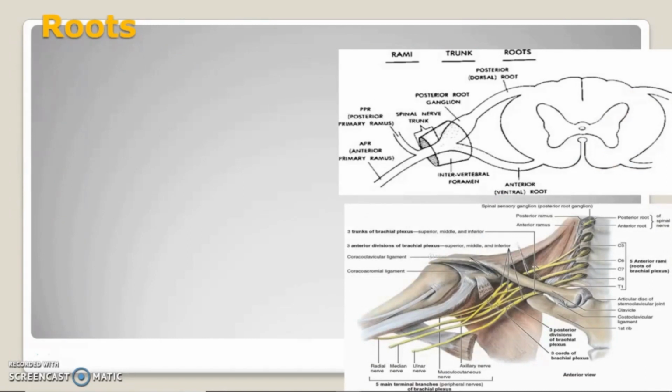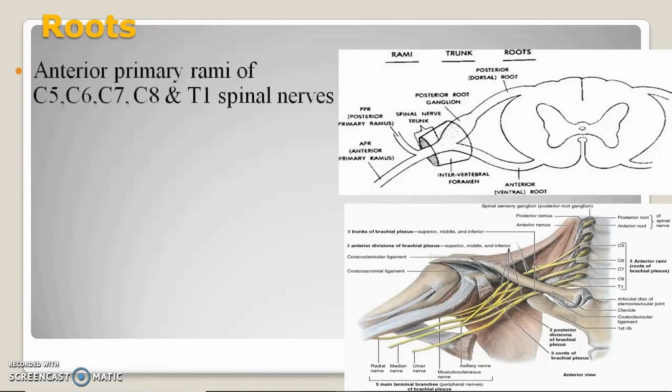Talking about the roots of the brachial plexus. We have 5 spinal nerves contributing to this brachial plexus, such as C5, C6, C7, C8 and the T1 spinal nerve, and all of these have 2 rami, ventral and dorsal rami, or else we can call them anterior and posterior rami.